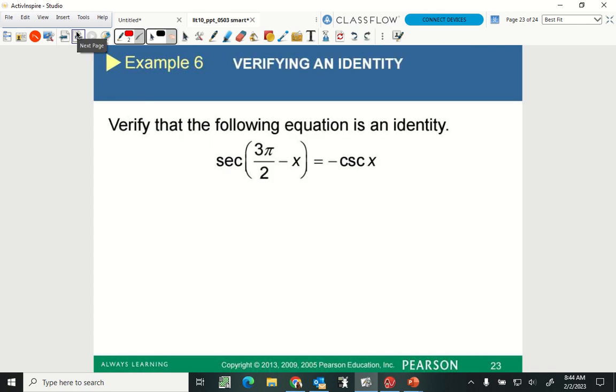Now, this one goes along with, I believe it's example 2 or 3. I don't know. Can I see yours?